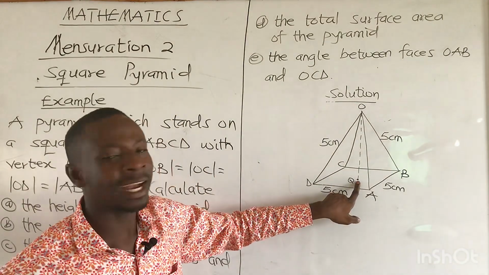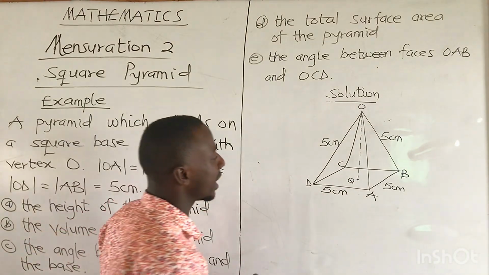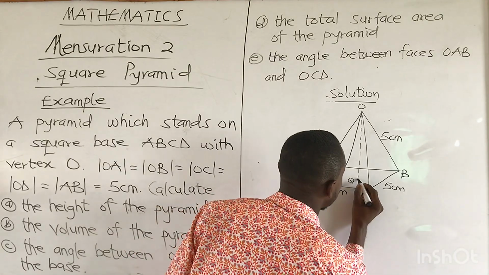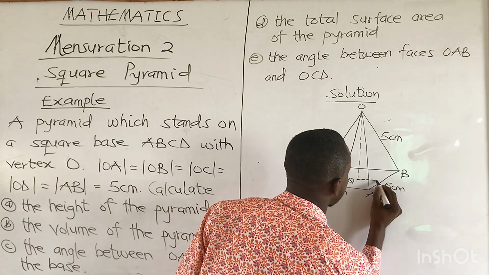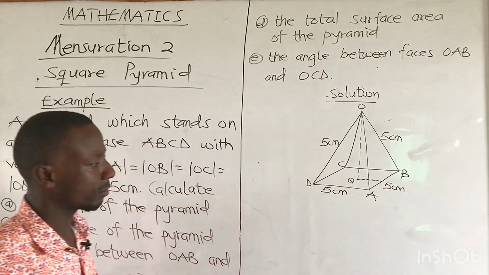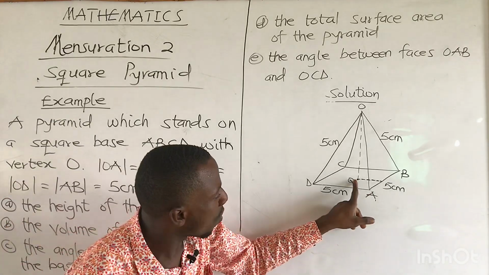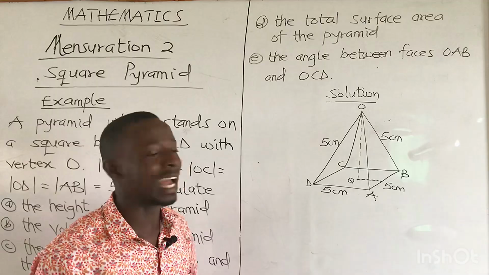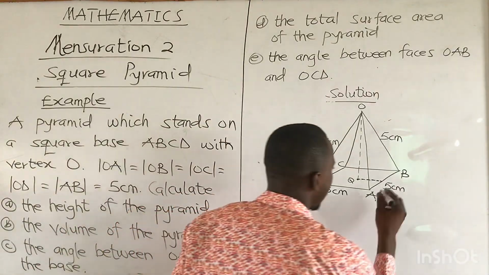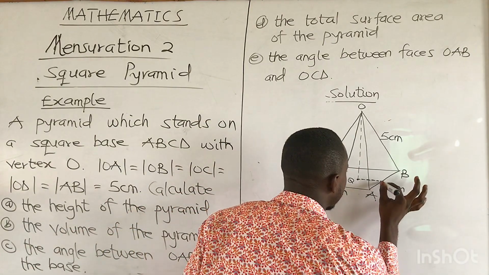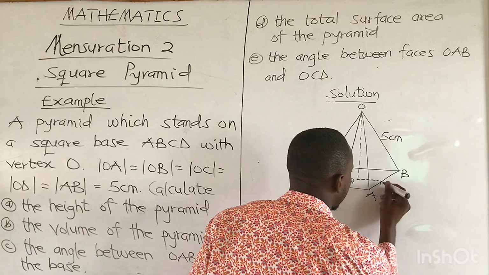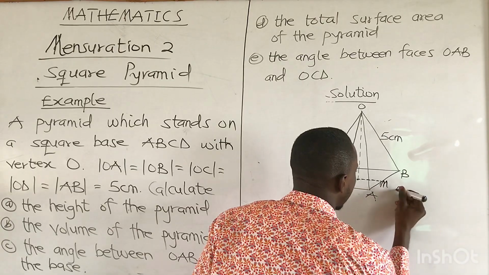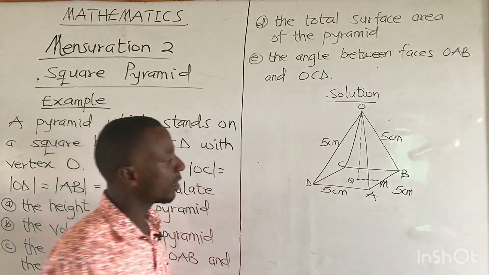So we are going to look at how we can find the height OQ. Before we can get this height, we need to get the distance here. Now, Q is here, but we don't know what is here. I am going to name it as M. So point M. But this whole side is 5 centimeters.